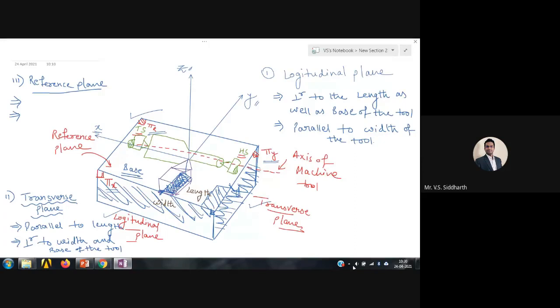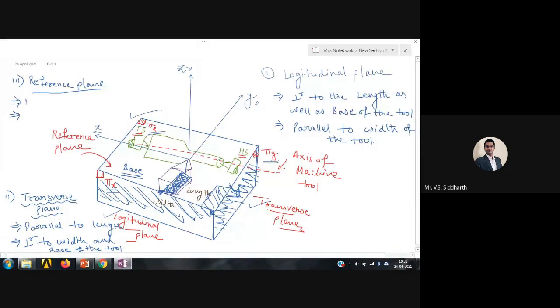Perpendicular to both length and width. Which one? Which one is perpendicular to both length and width? Reference plane. Okay. Reference plane is what? Reference plane is parallel to the base of the tool and perpendicular to both length and width of the tool. Good.